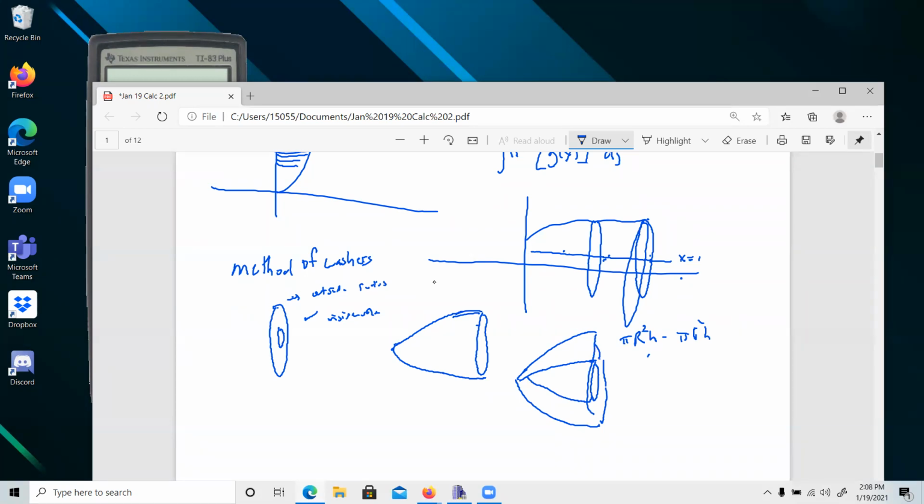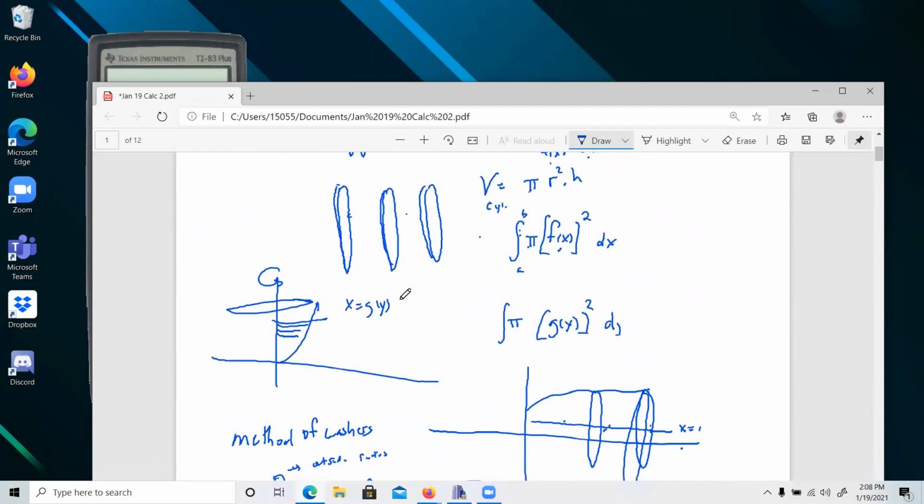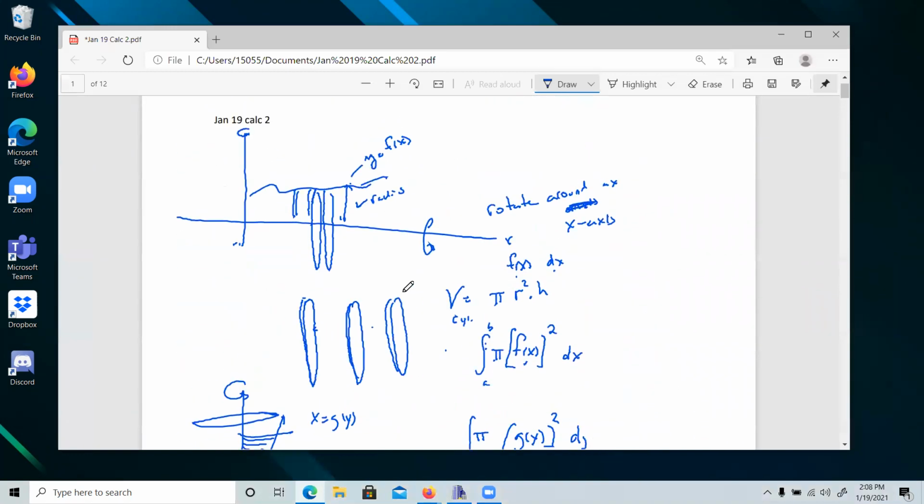Okay, because especially there's a lot of formulas in Calc too. Okay, I'm sorry, but there is. There's a whole bunch of intervals you've got to remember, and then we've got arc lengths, we've got volumes. There's just a ton.